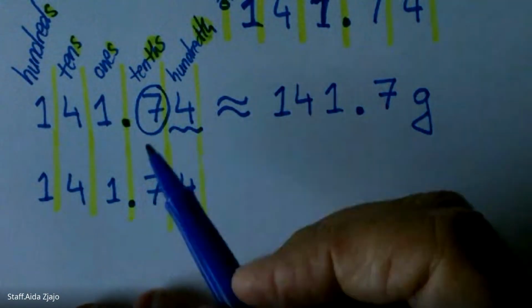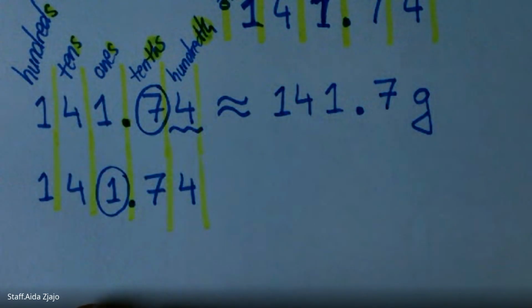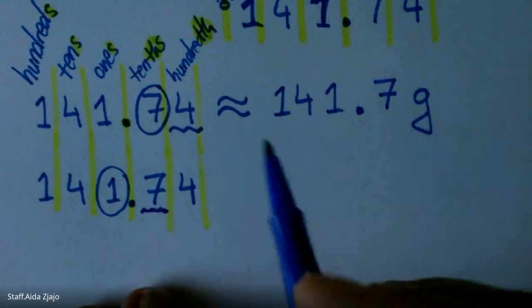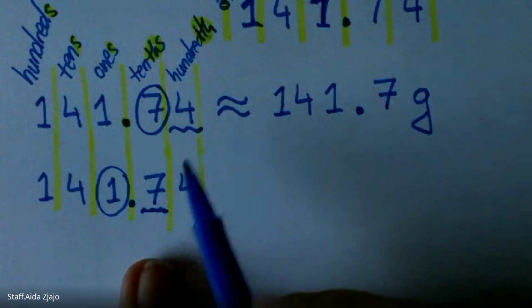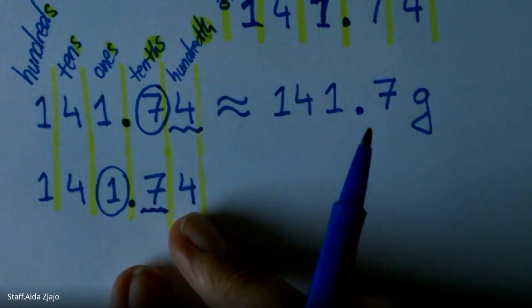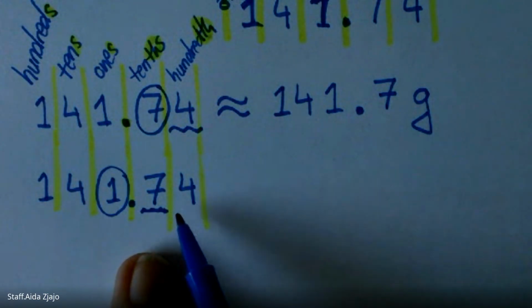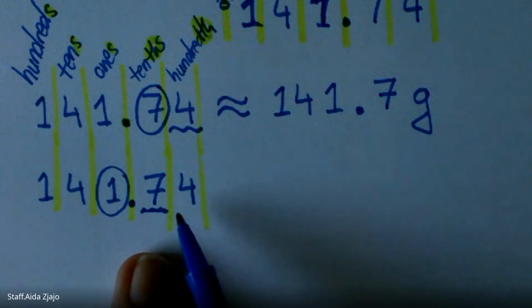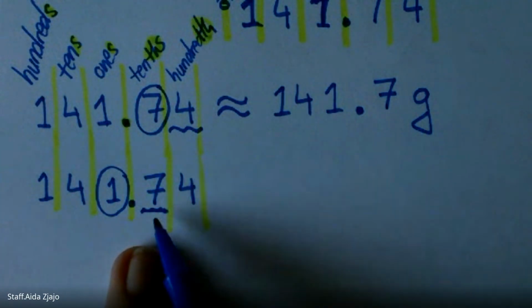When they say nearest gram, they mean the ones place. So now I need to look at how many tenths I have. I can also see how many hundredths I have. If I have 74 hundredths, it's like needing 100 pennies to make $1. So I have 74, which is less than that. Or I can just focus on the tenths.